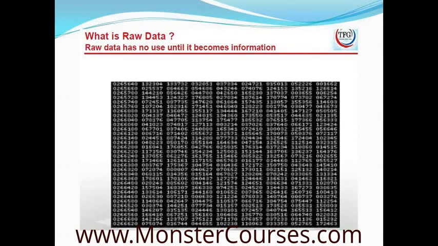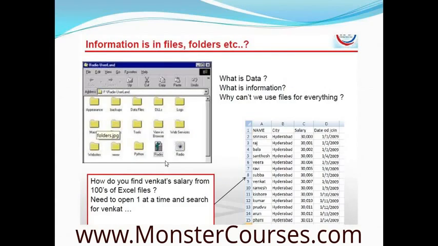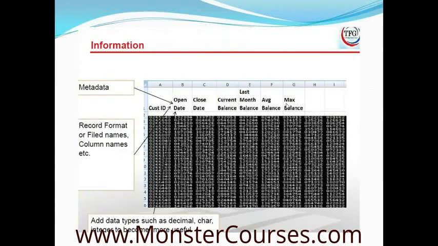This is the normal data we will be seeing in files. By seeing this, we cannot understand what this data is. What we need to do is change it into information. We can do that by giving the column names, and it becomes information. Here, we will call this the metadata. I think you know about metadata: data about the data.